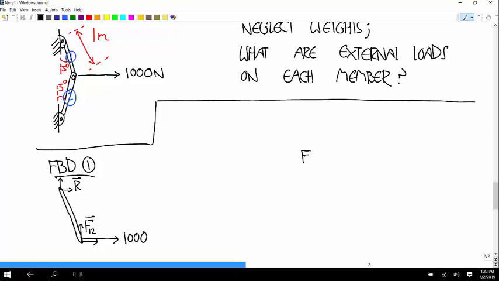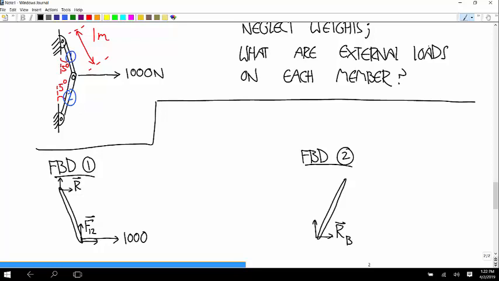And then for member 2, down at the bottom, that's a pin joint connecting it to the wall, so I'll call that RB. And then at the pin in the middle, that pin is not part of member 2.